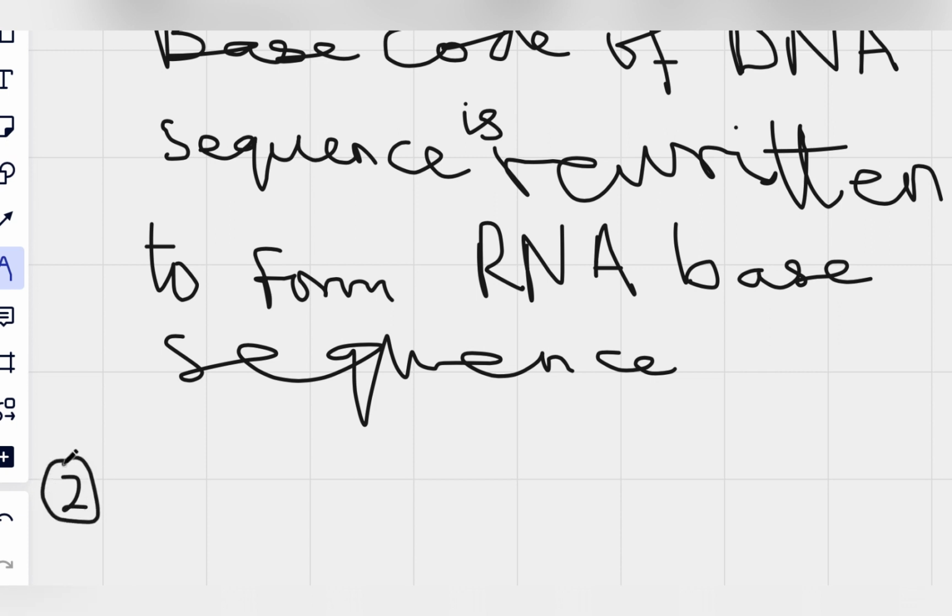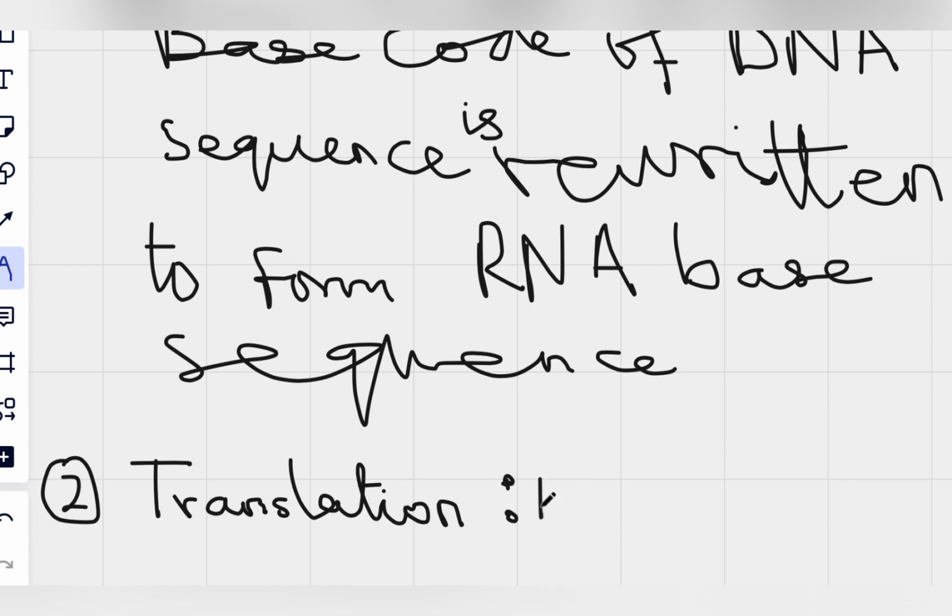What is translation? Translation is simply the process whereby the RNA base sequence joins together to form the amino acid or the protein. The process whereby the RNA base sequence forms the base sequence of the amino acid.